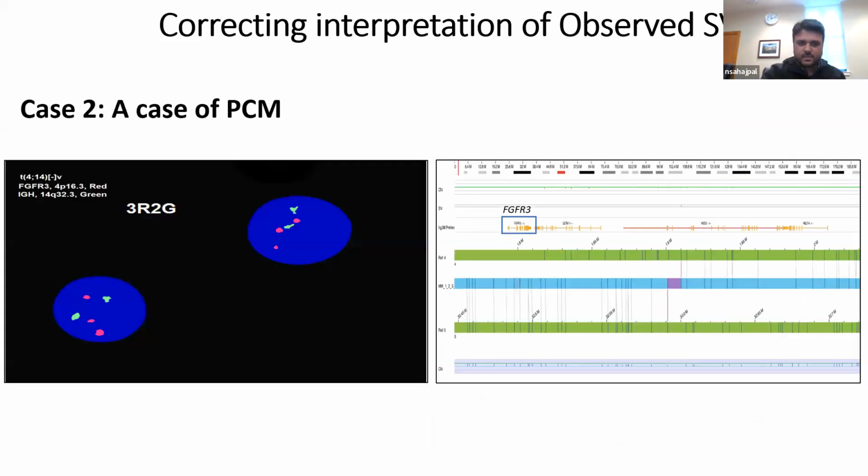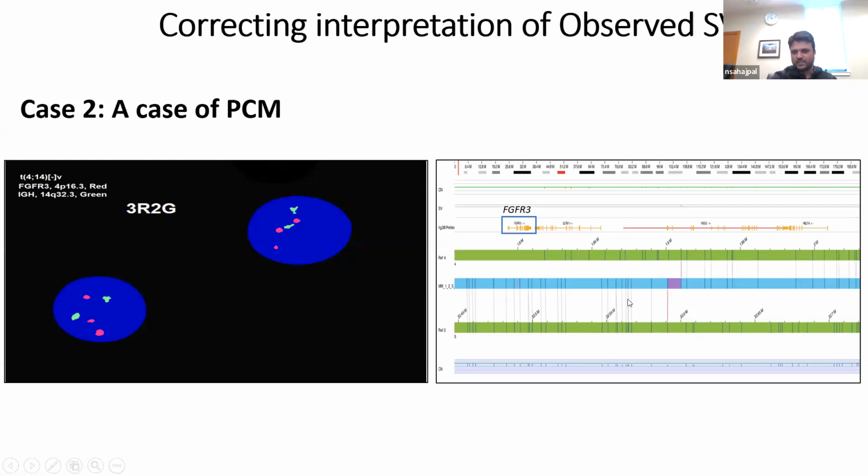So the second example that I would like to highlight from the validation study was a case of plasma cell myeloma, where we saw 3 red signals. The red here is FGFR3, and this was interpreted as a gain of FGFR3. Although I do want to highlight that the tech that looked at these FISH cells noted that the third signal is smaller, so this might be a rearrangement of FGFR3.